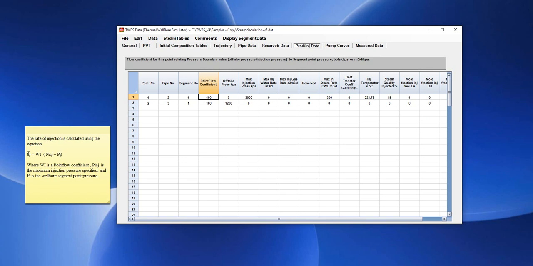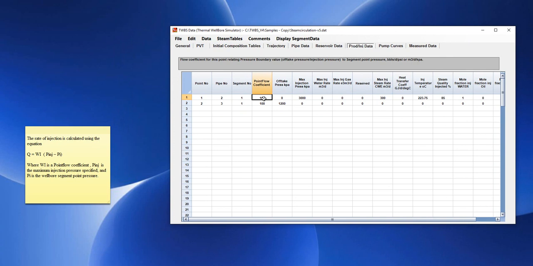For a large point flow coefficient, we would have a small difference between the external pressure and the wellbore segment pressure. So all we can say is that once we make a run using a point flow coefficient, we look at the results of the run.